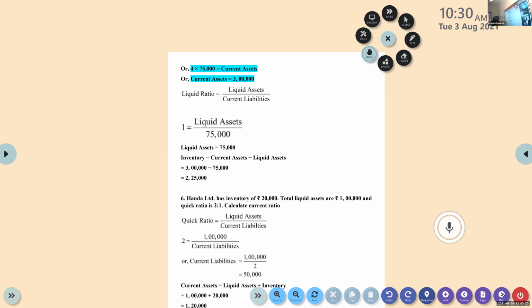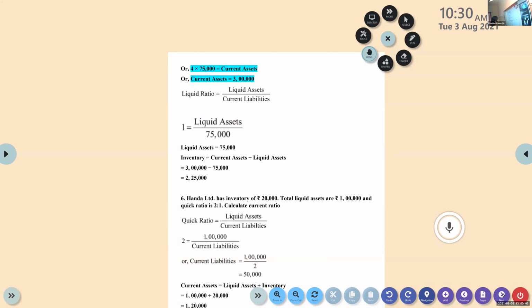So we have found out the current assets, liquid assets, current liability already given, and the last step is to find out how much is the inventory. How to calculate inventory? Inventory is equal to current asset minus liquid asset.